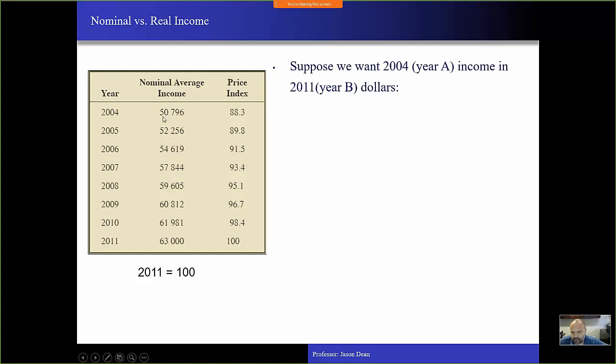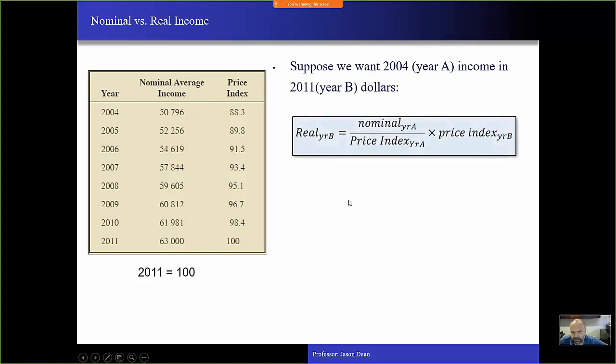The average income for the economy in this year was 50,796. I want to know what that would be in 2011. If this was a person's income, this person made 50,796 in 2004. How much would that be equivalent to in 2011?